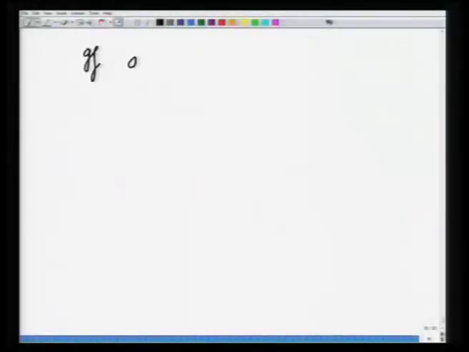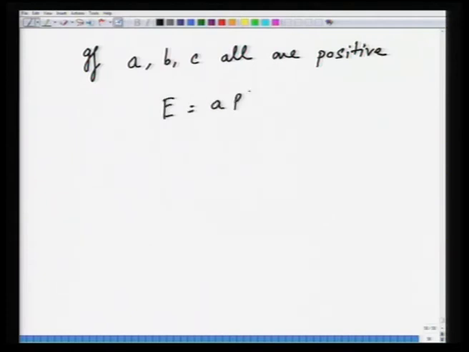So, let us say A, B, C all are positive. If that is the case, then the only root, if you look at the expression now, E is equal to A P plus B P cube plus C P 5.